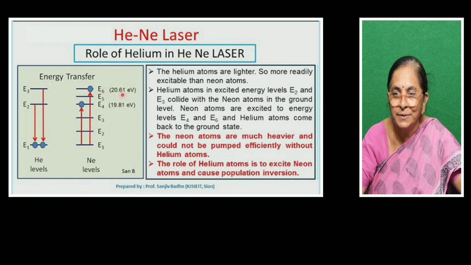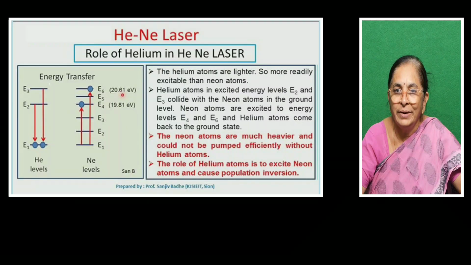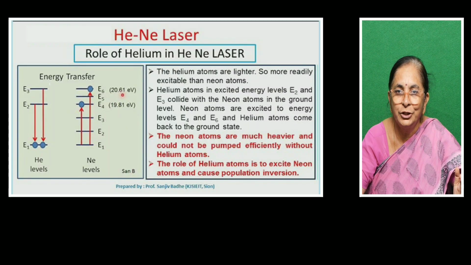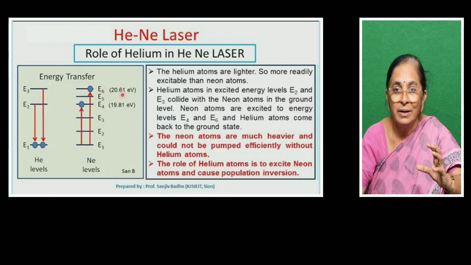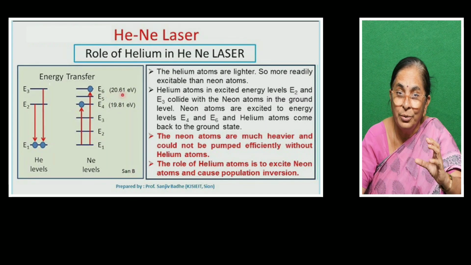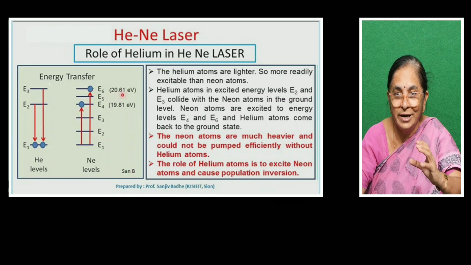The neon atoms are much heavier and could not be pumped efficiently without the help of the helium atoms. That is why we take in the laser tube a mixture of helium and neon, and that too with helium in good amount, a 10:1 ratio. Neon atoms are actually the active element there. Their ratio is 1, whereas the helium ratio is 10.